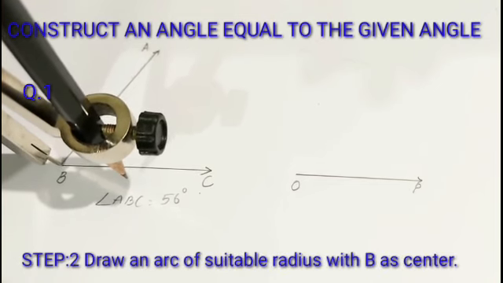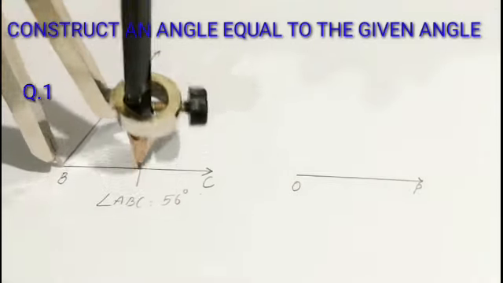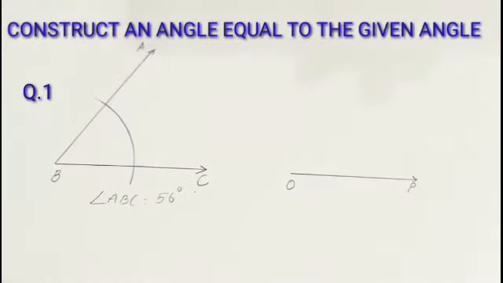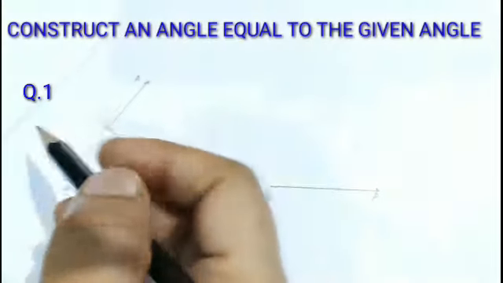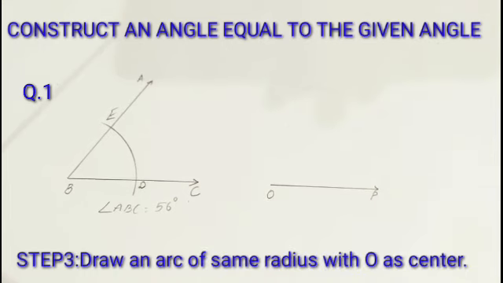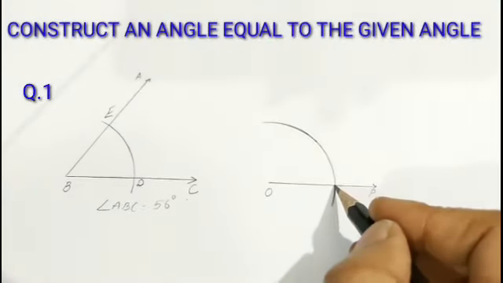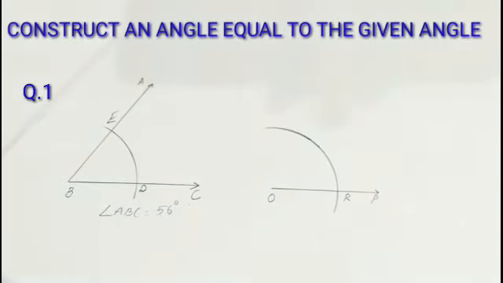Draw an arc of a suitable radius with the center at B to intersect the ray BC at D, and AB at E. Step 3. Draw an arc of the same radius with the center at O to intersect the ray OP at R. Don't change the length of the arc. Intersect OP at R.